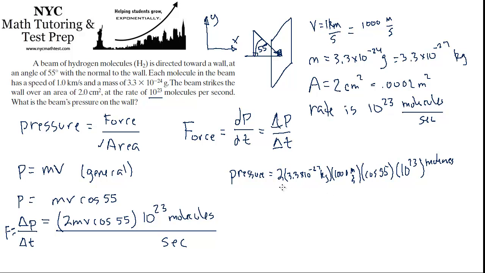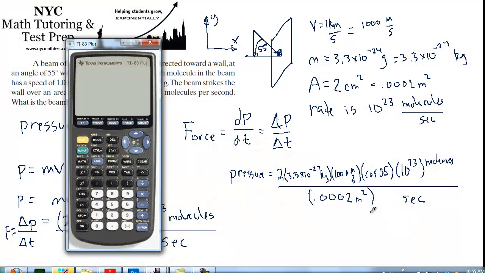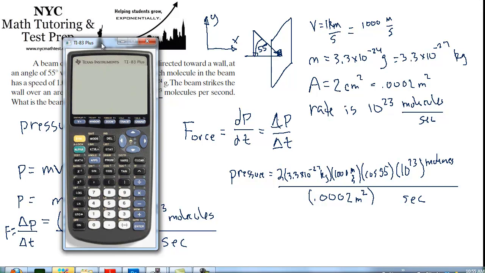It's per second, but I'll put the per seconds in the denominator. So seconds goes down here, and we also need to divide by the area, which is 0.0002 meters squared. We could do a units check on all this too, but for right away, let's grab the calculator and plug the numbers in.